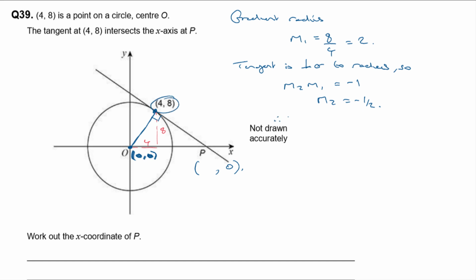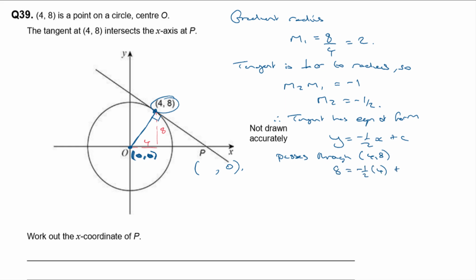So therefore tangent has equation of form y is equal to minus 1/2 x plus c, and we know it passes through the point 4, 8. So subbing those two values in for x and y, we've got 8 is equal to minus a half lots of 4 plus c.